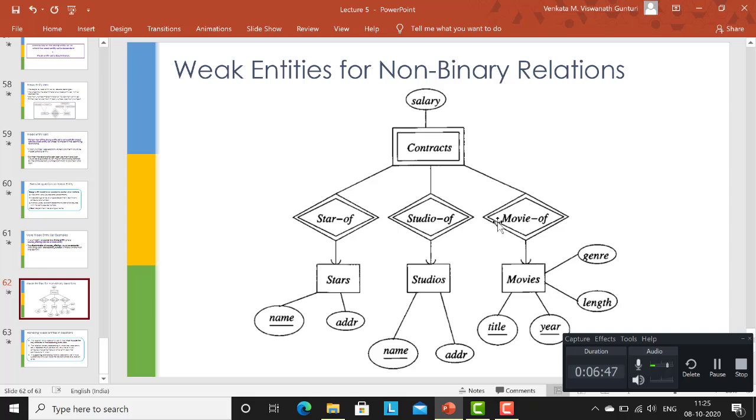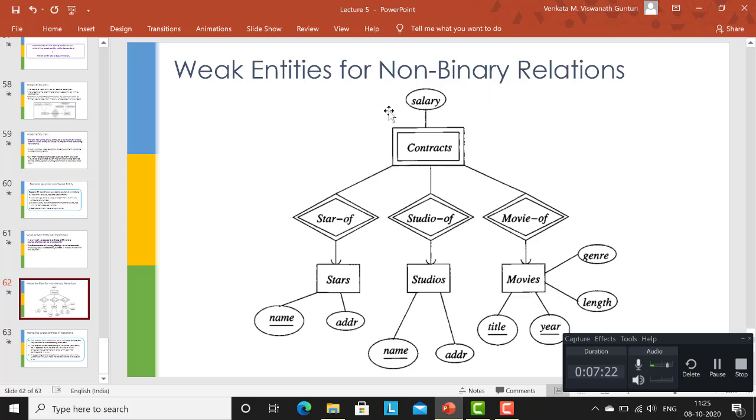And I think we saw yet another example where there was a many to one relationship, and then also we did not convert, right? So when you convert this into tables, you'll have tables for stars, studios, and movies, and you'll have all the primary keys defined, and then you will have one more table for contract, and attributes of this particular table will be keys from here, basically star's name, studio's name, and movie title and year, and then salary also, right?